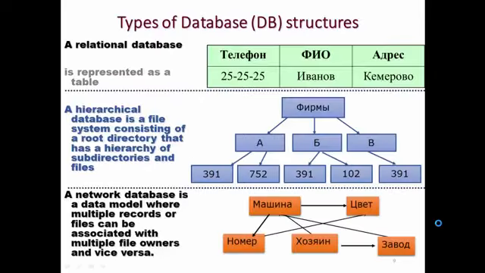Types of database structure. A relational database is represented as a table. A hierarchical database is a file system consisting of a root directory that has a hierarchy of subdirectories and fields. A network database is a data model where multiple records or files can be associated with multiple file owners and vice versa.